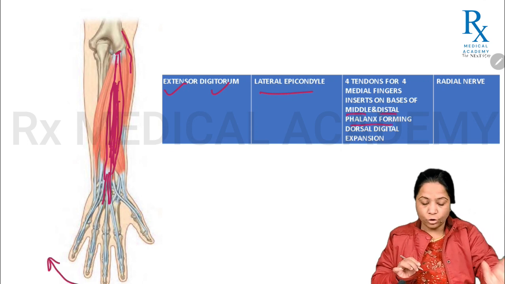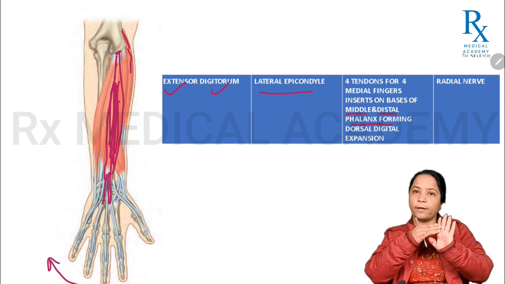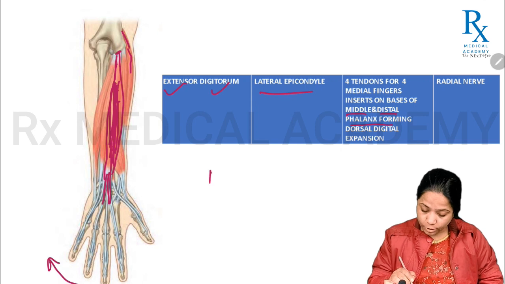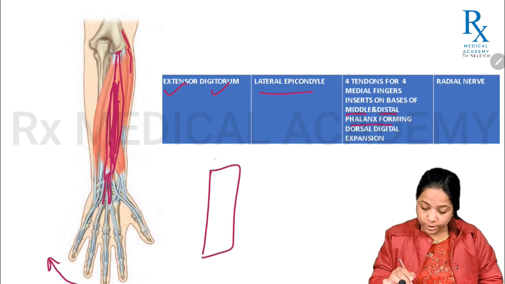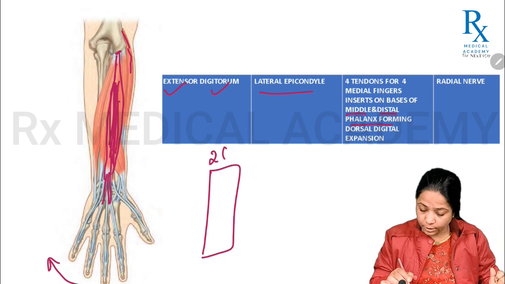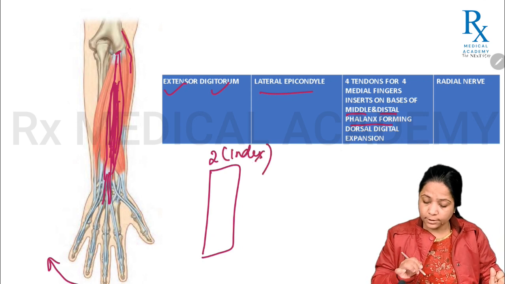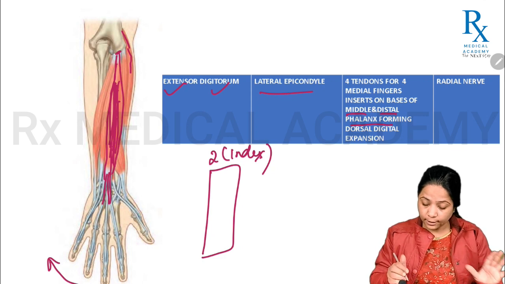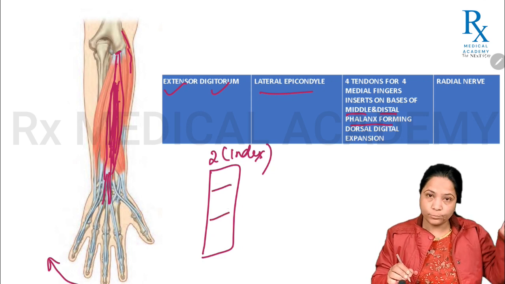If we talk about the digit, each digit has three smaller bones, which are known as phalanges. So suppose this is the second digit, or you can see this is the index finger. Each digit is comprised of three bones except the thumb.